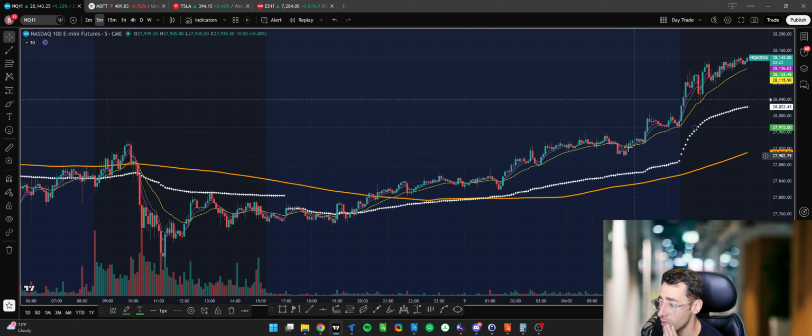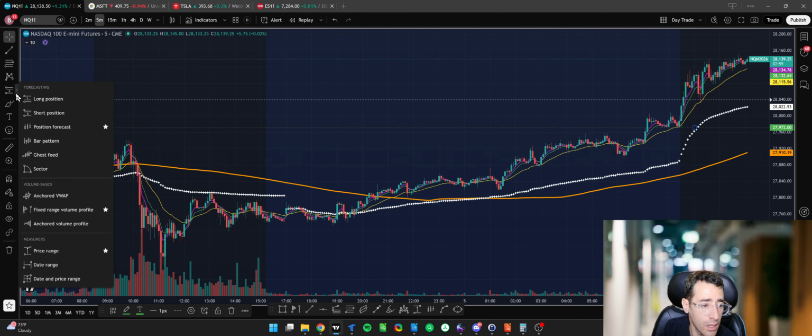That's 30 points. From 28,000, that's a 30-point stop. So when I take this trade off 28,000, I want to make at least 30 points for a positive RR, but we really want it to be 2-to-1. Let's see what we can do here. Let's come over to our tools and do a long position.